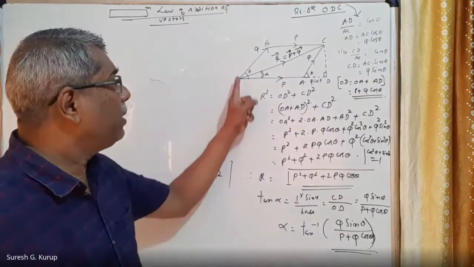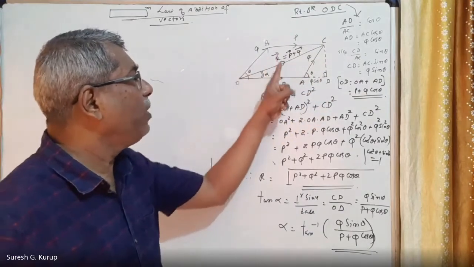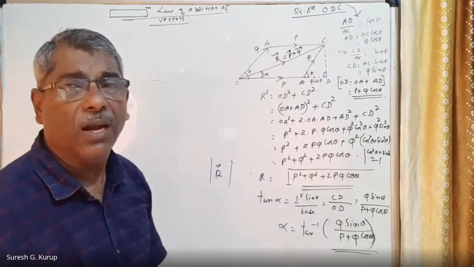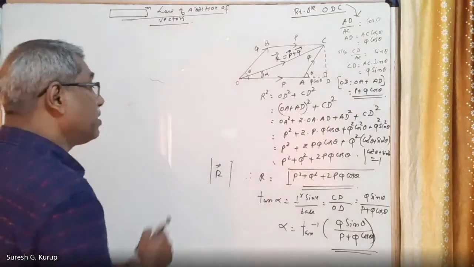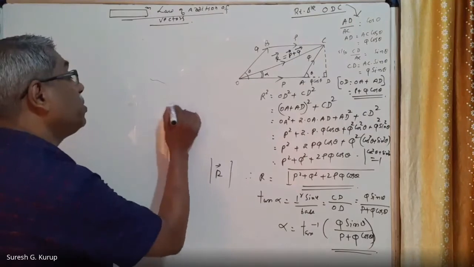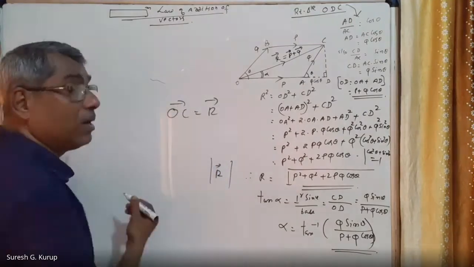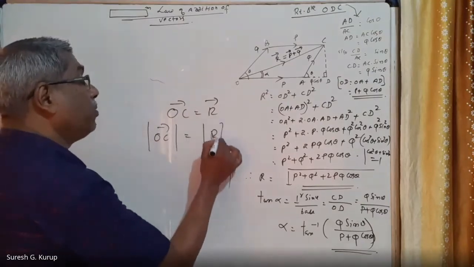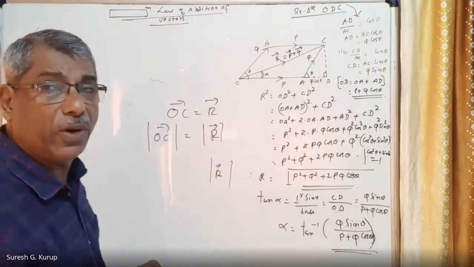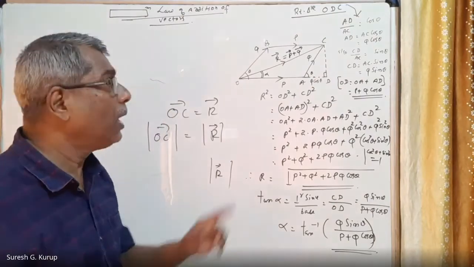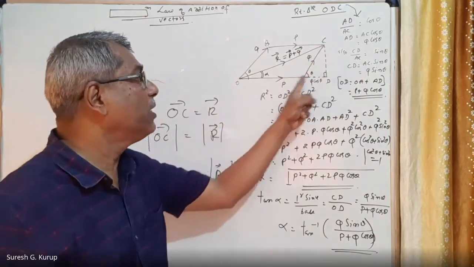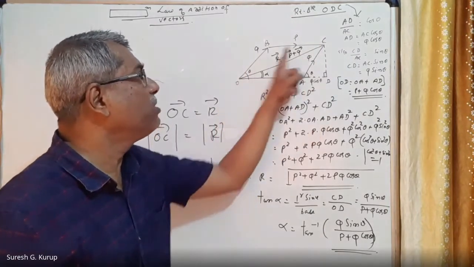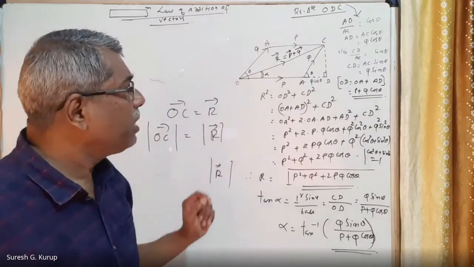Right? Now, you take this big triangle. We actually want to calculate the resultant OC. Vector OC is the resultant, right? Vector OC is equal to vector R. Therefore, magnitude of vector OC is equal to magnitude of vector R. So we want to calculate the magnitude of vector R. Vector R is included in this triangle OCD, this big triangle.